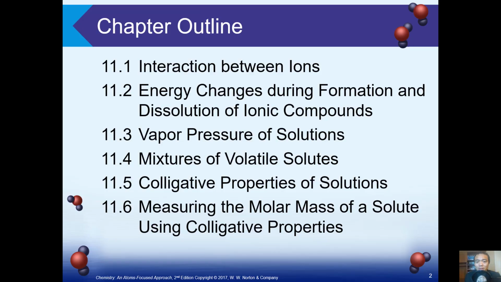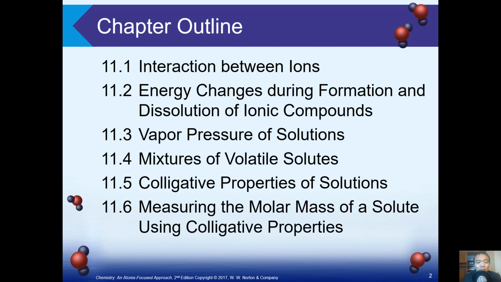In this chapter, we'll first go over how ions interact to make ionic compounds, and then we'll discuss how ionic compounds can be dissolved in polar solvents to form a solution. And then we'll talk about how the vapor pressure of these newly formed solutions behaves.